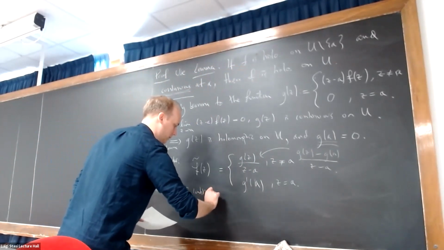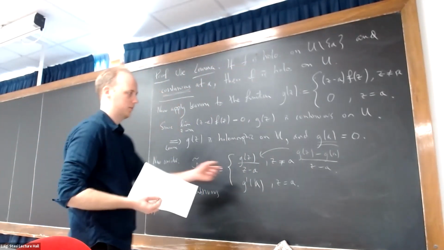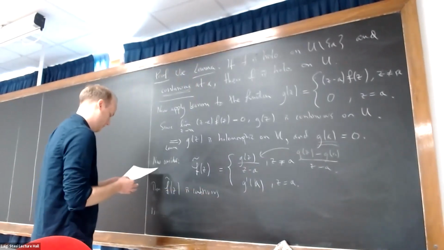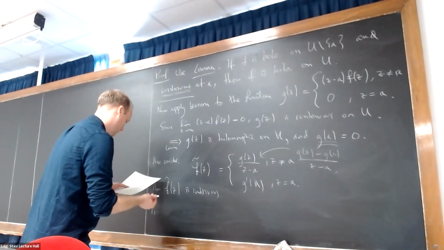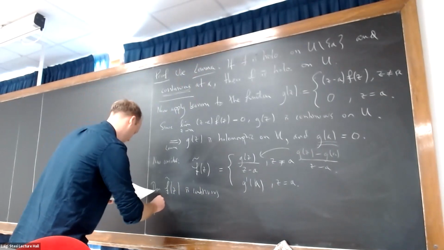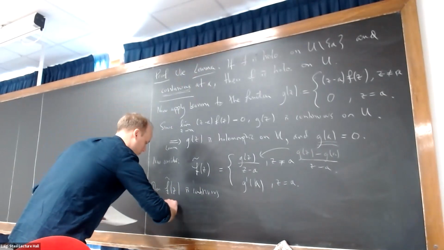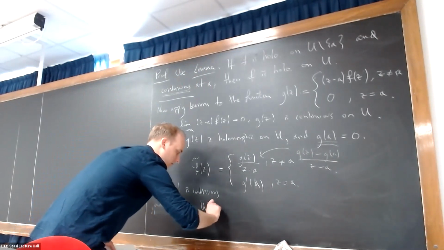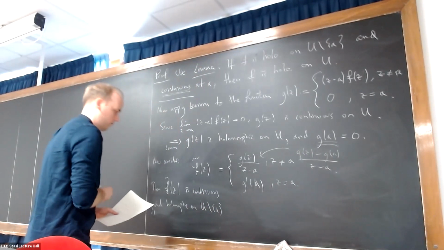I hope this is clear for everyone. I could just add this g of a since it was 0. So f tilde of z is continuous, and it is of course holomorphic outside of this point a.